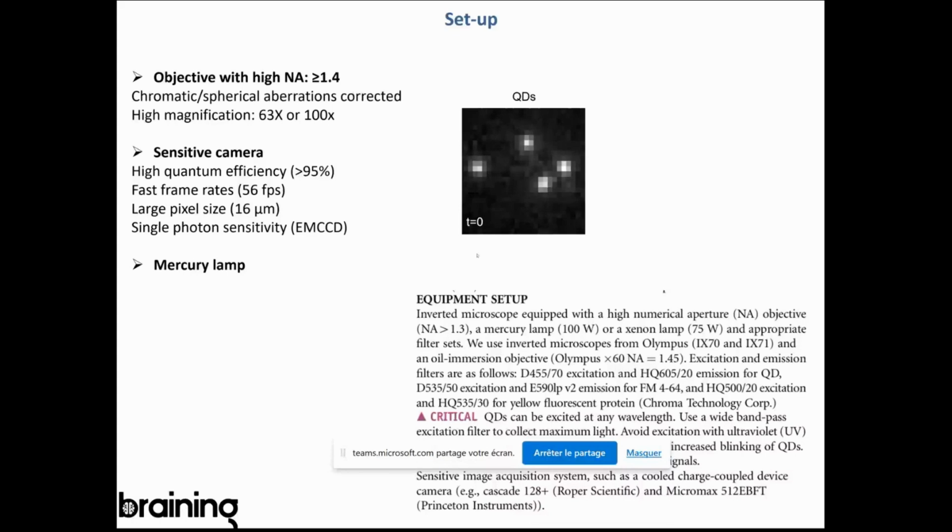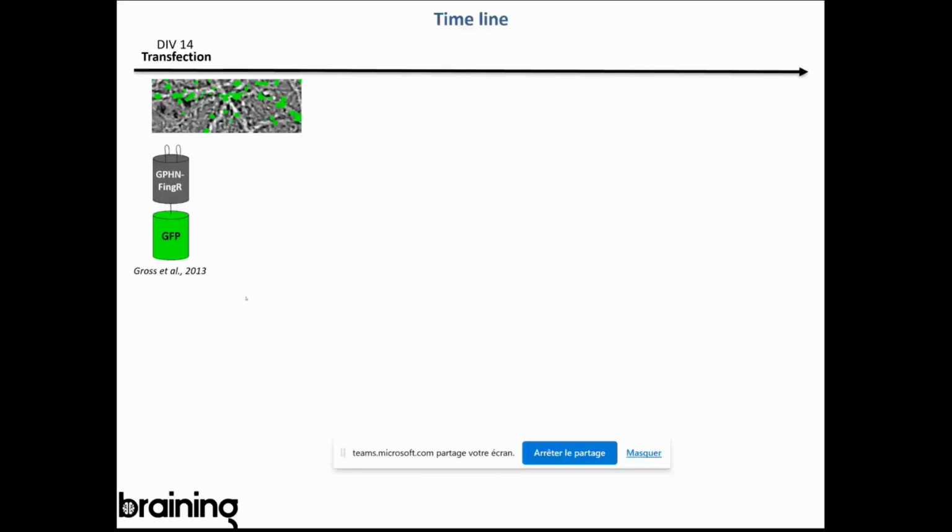The quantum dots, I will explain what they are exactly, are very bright dyes, and therefore you don't need a laser to excite them. A mercury lamp or a xenon lamp or a simple fiber is enough to stimulate them and to collect their fluorescence.